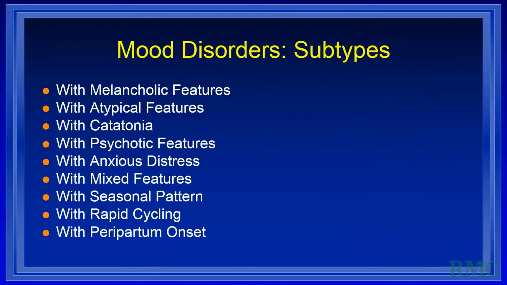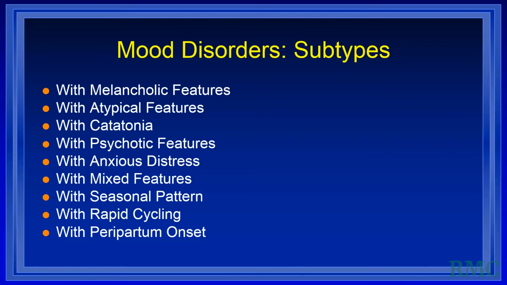So we've talked about some of the subtypes. I want to give you just a quick rundown of some of the others. Melancholic features is associated with major depressive episodes, and that's when the person has early morning awakening, so they have insomnia and they have marked decreased appetite and they have psychomotor retardation.